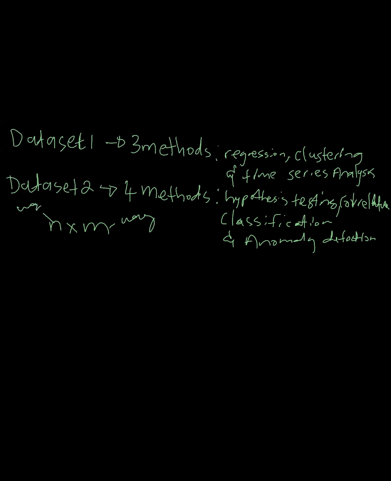Now we need to apply the principle to data set one, which has three ways to analyze the data, and data set two, which has four ways to analyze the data. So let's calculate the number of combinations.